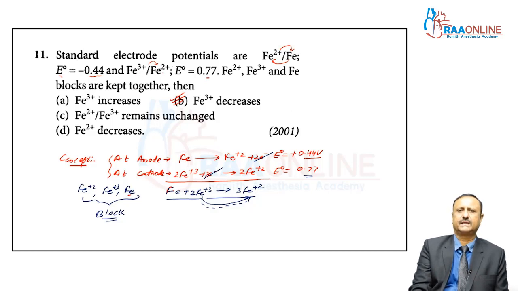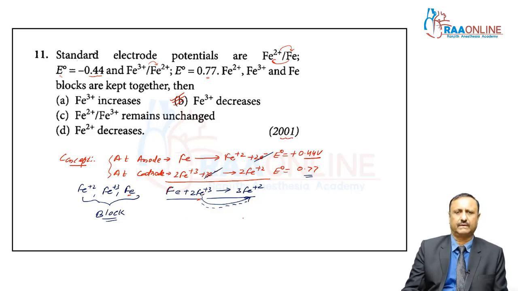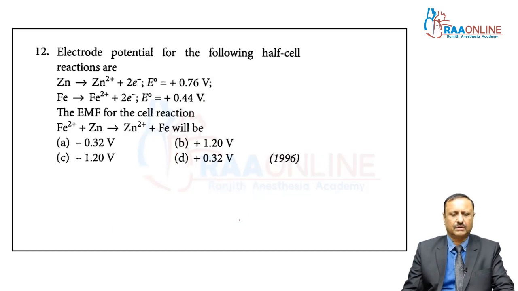And when Fe plus 3 is converted to Fe plus 2, it acts as the cathode. So, my dear students, the total reaction is occurring this way. Here the concentration of Fe plus 3 decreases, and this question was asked in the 2001 NEET exam, question number 11. Now we can go to question number 12.